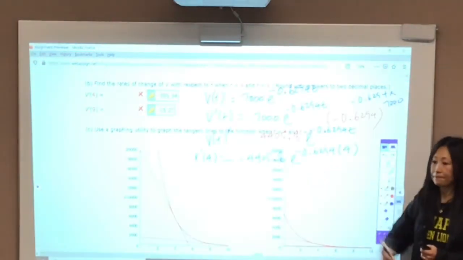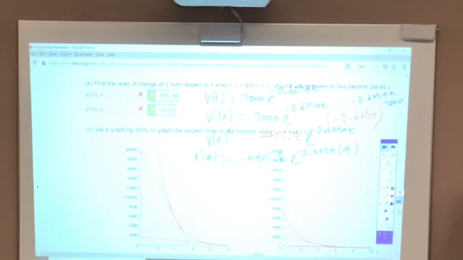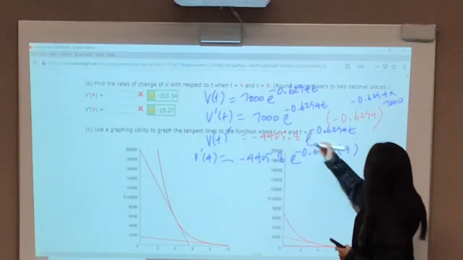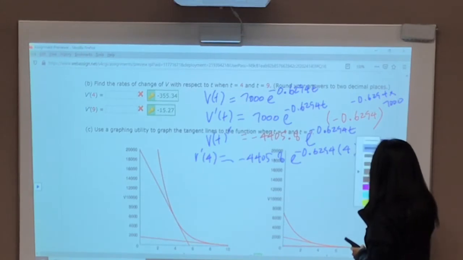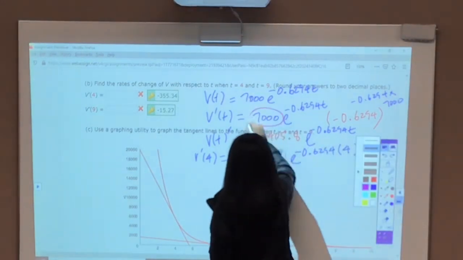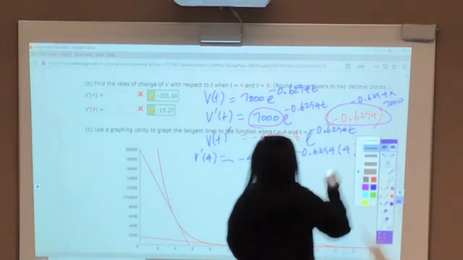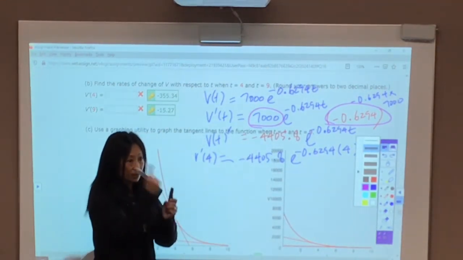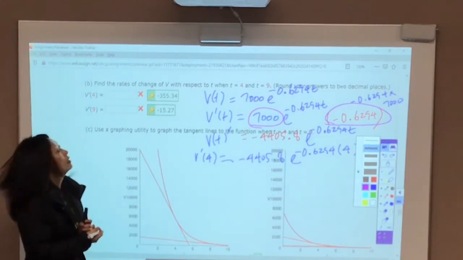How did you get the numbers there in red? Same. This number times this number. They are both numbers, so you can combine them together to make a new coefficient.